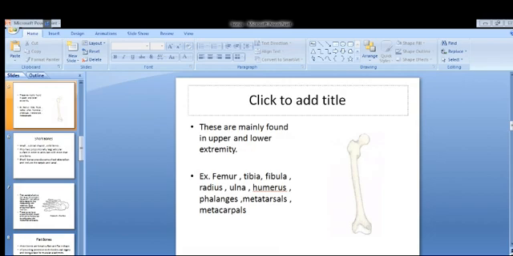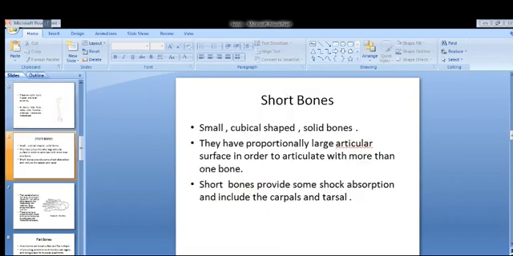The phalanges in the hand, the metatarsals and metacarpal bones are also put in the category of long bones. So tarsals are found in the foot area, and the metacarpals are found in the hand, right?